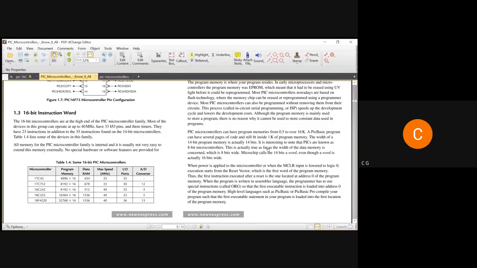Our ARM processor in the mobile phone was earlier 16-bit, then 32-bit, and nowadays it is 64-bit. So this 64-bit or 32-bit is the width of the data, or the input that we have.